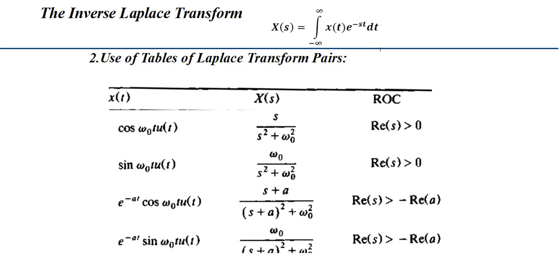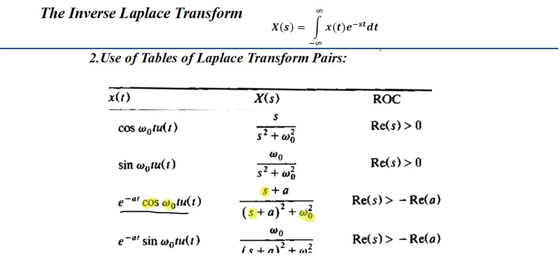First I will discuss e raised to minus at into cos omega 0 t into u of t. If it is cos omega 0, there will be a term omega 0, and if it is cos, the numerator will be s something.